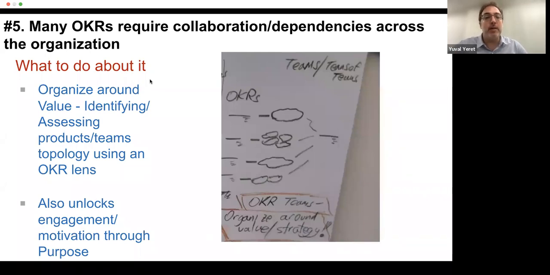So one important consideration is, let's look at the way we're organized, not necessarily the organizational structure, but what we sometimes call the network of teams that we use as an overlay in the organization, and assess what products we should have, what teams we should use, what's the right topology, using an OKR lens, using the lens of what are we really trying to focus on right now, what's strategic for us that should drive who should be working together.